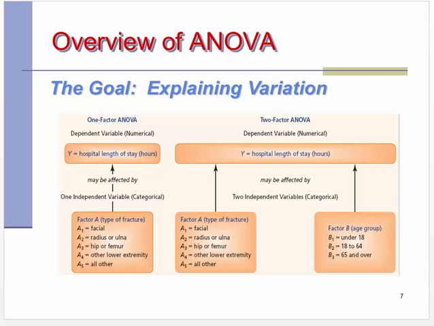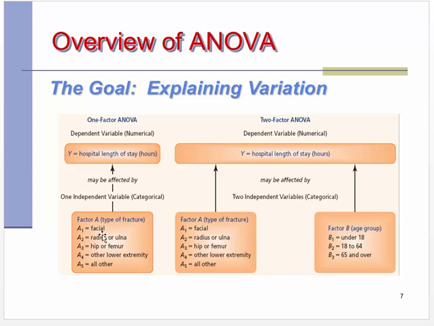This table gives you a summary of one-factor versus two-factor ANOVA. In one-factor ANOVA, the dependent variable is hospital stay. We have seen that it is affected by the independent factor variable of type of fractures.